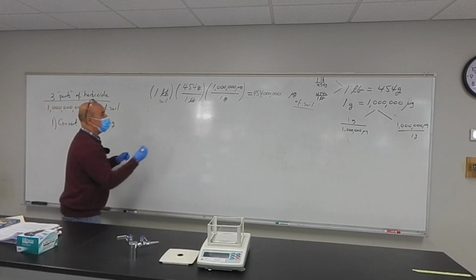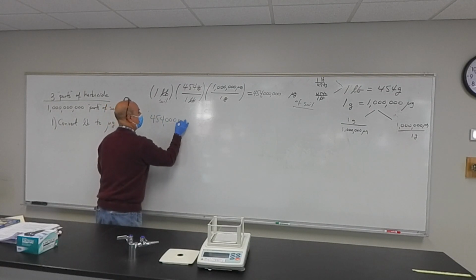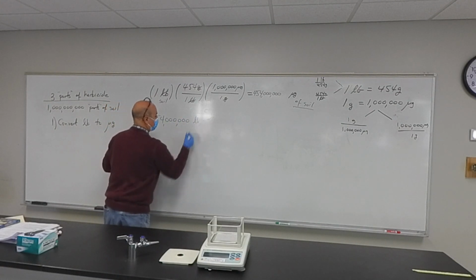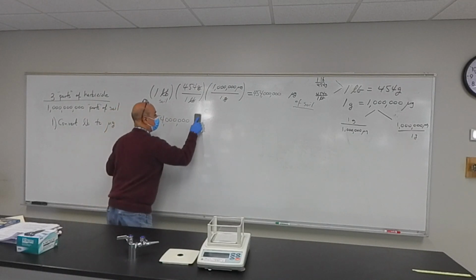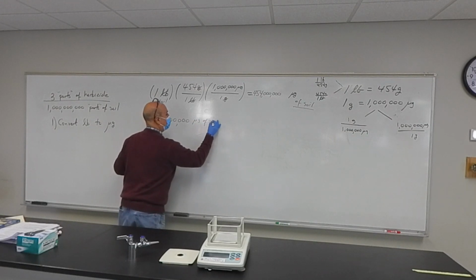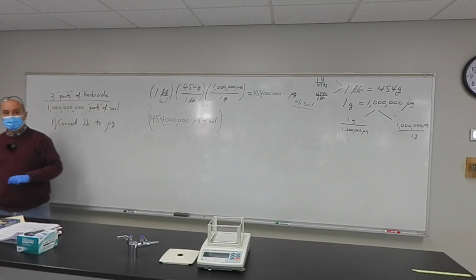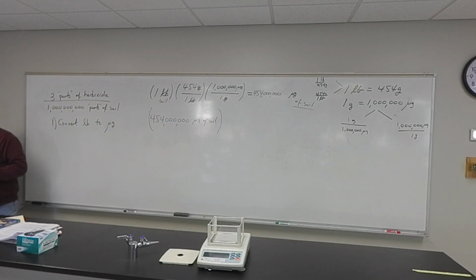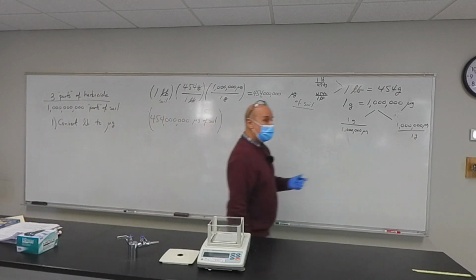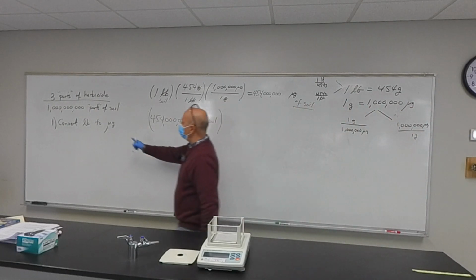So now, let's put that number here, 454 million micrograms of soil. And we want to convert that to micrograms of herbicide, right? We actually have a conversion factor, believe it or not. This is a conversion factor. Let's put it in terms that we can understand. We have it right here.